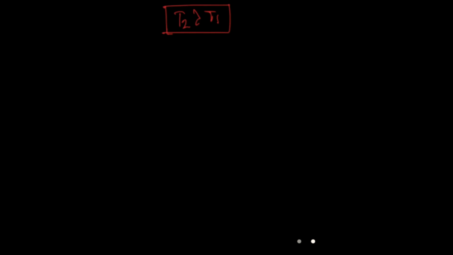So now the next topic is Charles law, and we are going to talk about Charles law. In Boyle's law, we made P and V variable, and N and T were constant. But here we are going to do the opposite.